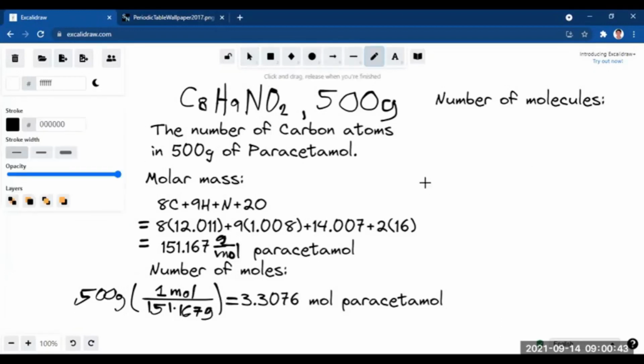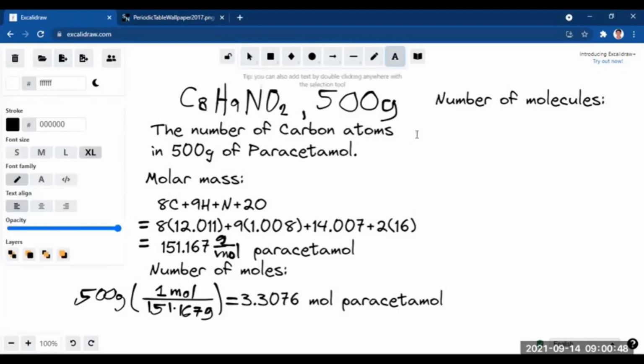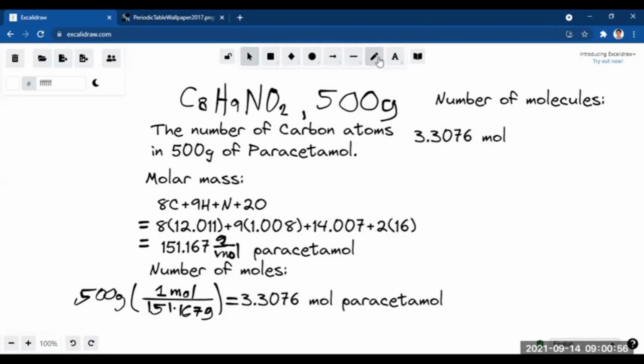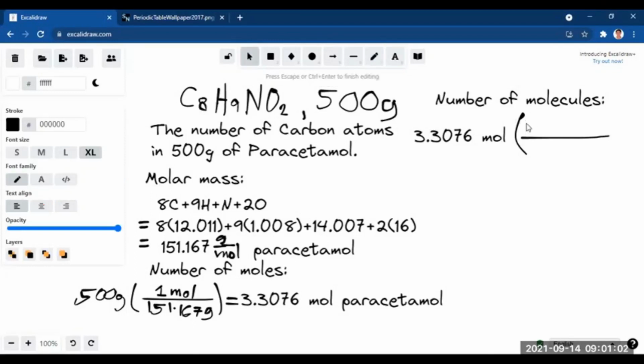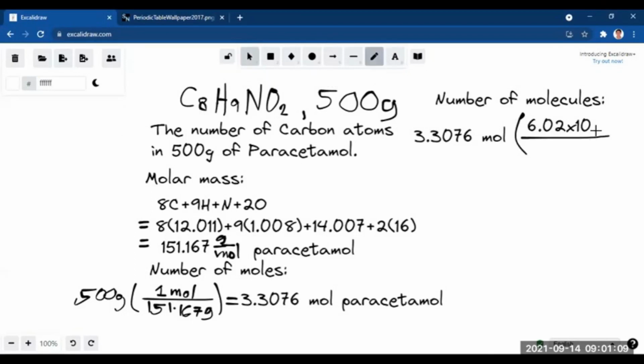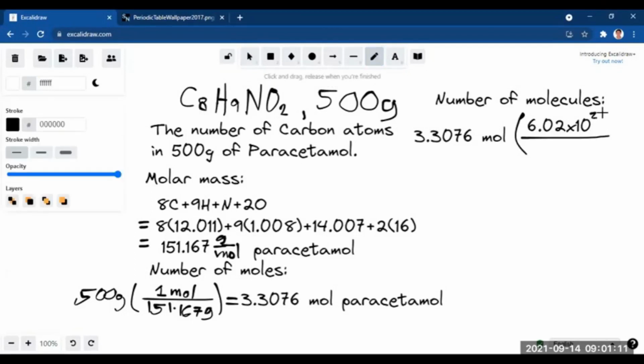We have our number of moles, which is 3.3076 moles times Avogadro's number, which is again 6.02 times 10 raised to 23 per mole.